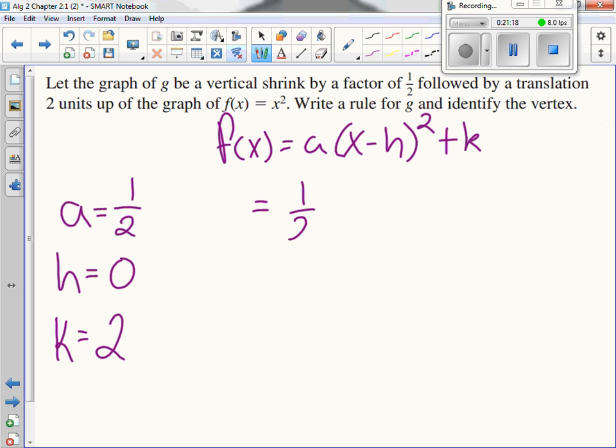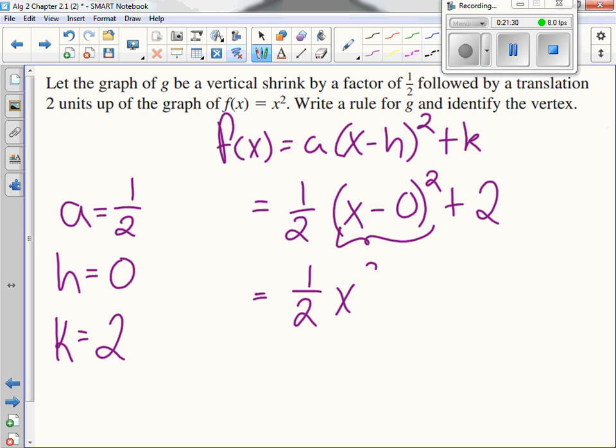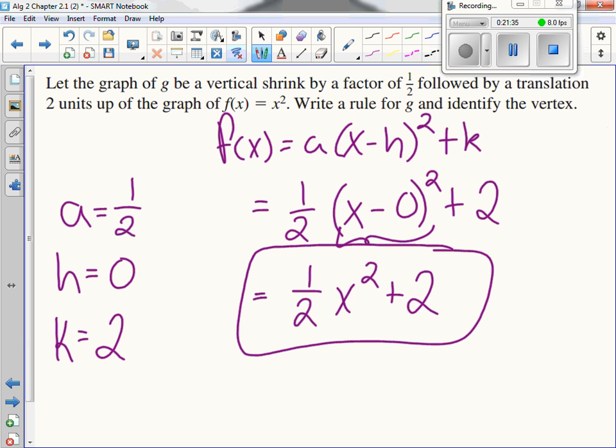And that's it. Now we can plug those values in. So A is 1/2, x minus 0 squared, plus 2. As we saw here, x minus 0 squared is just the same thing as x squared. So we just get 1/2 x squared plus 2.